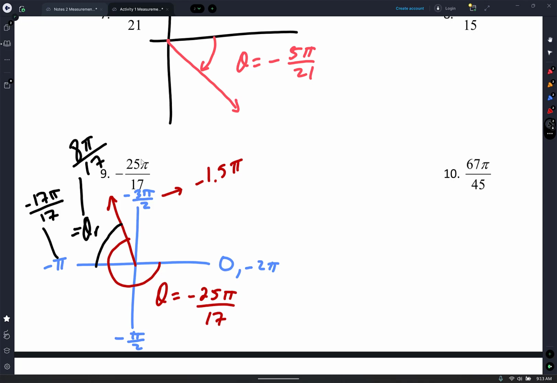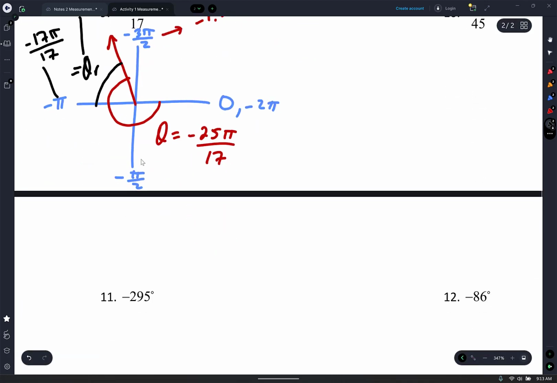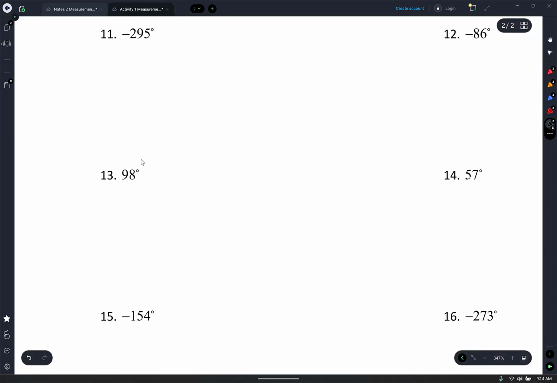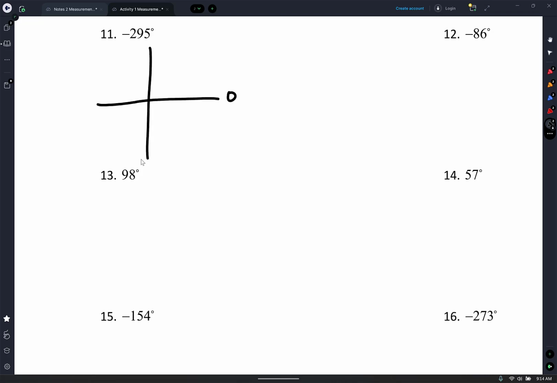How do we feel? All right, let's go to the next page. I think you guys are good with degrees. Negative 295. So here's my grid: 0 degrees, negative 90, negative 180, negative 270, and then one revolution, negative 360. So negative 295, what quadrant am I going to be in?